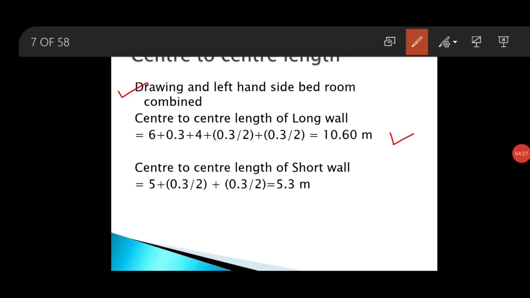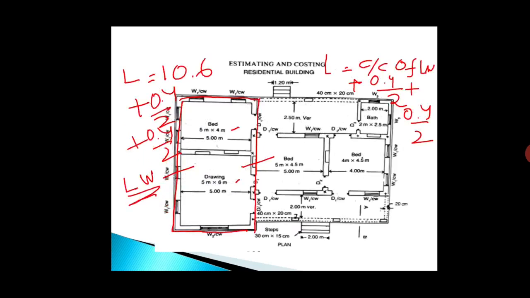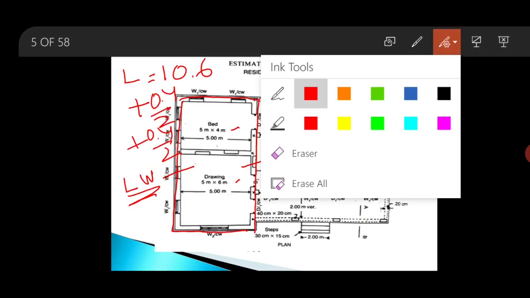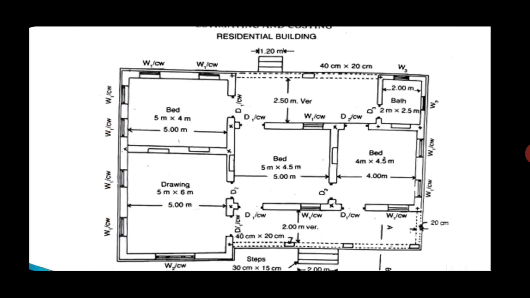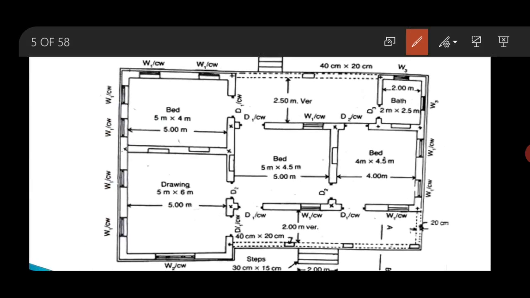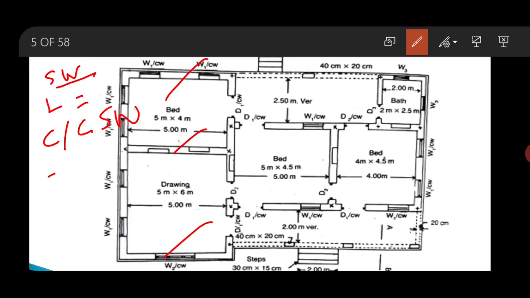The center to center length of short wall is 5.3 meter. Okay. So in this part these three are the short wall. So the length of DPC along short wall will become the center to center length of short wall, from that we have to subtract half of the width from both the sides.